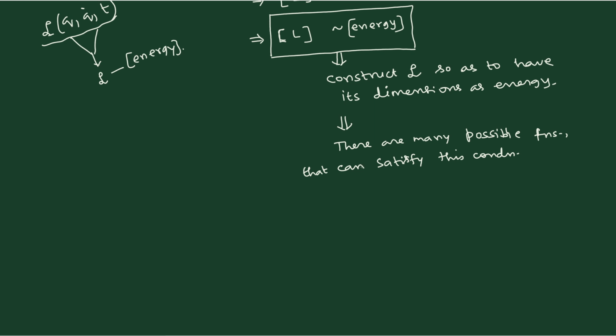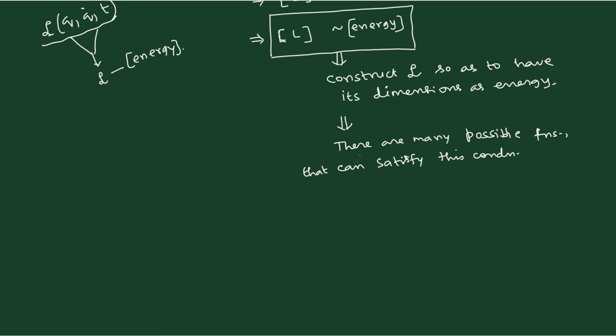So the conclusion should be clear. Only then we will be able to understand or justify when we write the next step. Okay. So out of the infinitely many possibilities, you narrow down using this dimensional analysis. And even after narrowing down, you cannot say that there exists only one function. That cannot be made.